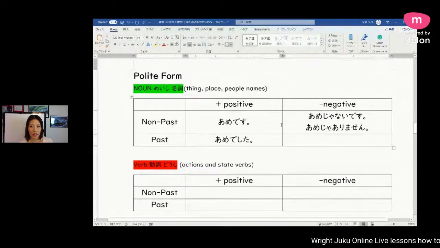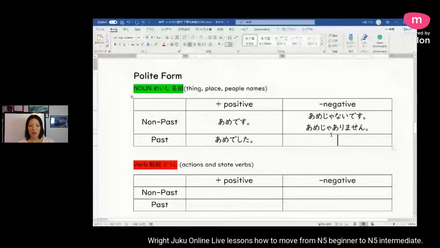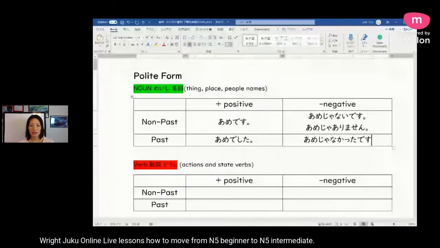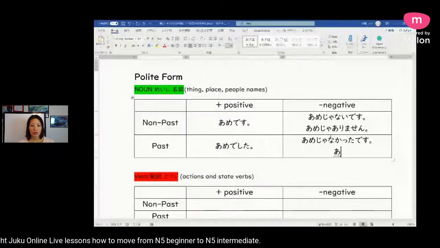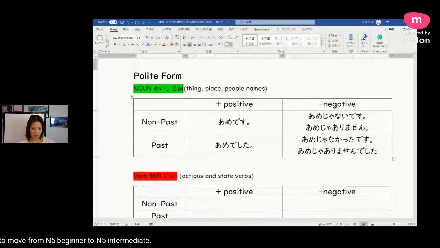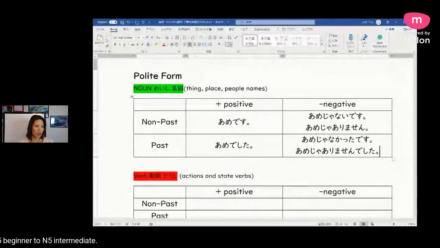Then last, past negative. What is the past negative? Ame ja nakatta desu. Or ame ja arimasen deshita.